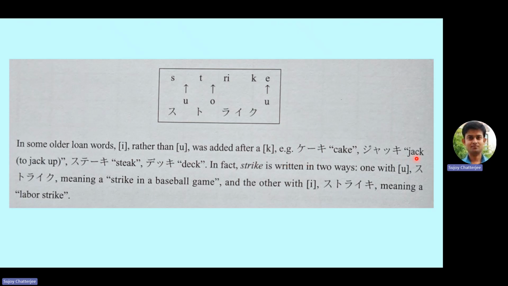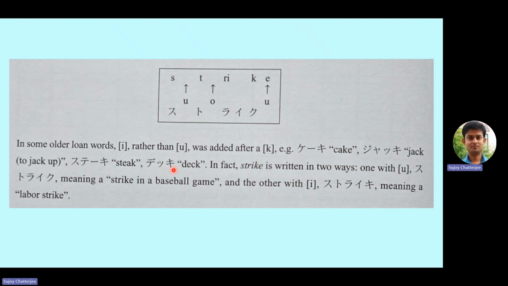Similarly, for jack, it is jakki, to jack up. Then we have steak, so it is suteiki. Then we have deck, dekki.